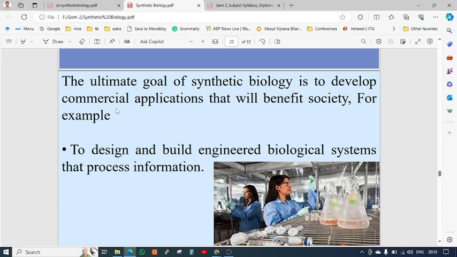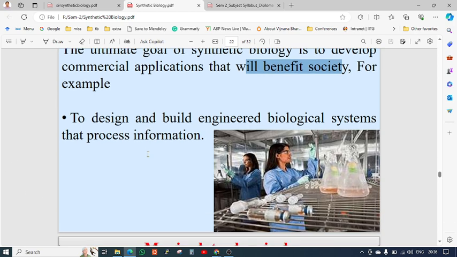The ultimate goal of synthetic biology is to develop commercial applications that will benefit society and our needs. For developing countries and developing populations, with a large number of needs economically and socially, synthetic biology can be utilized. Here are some examples.